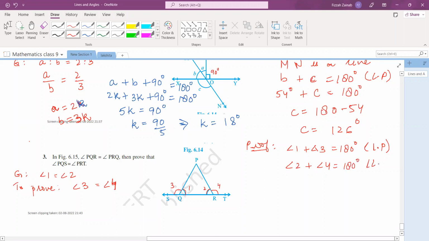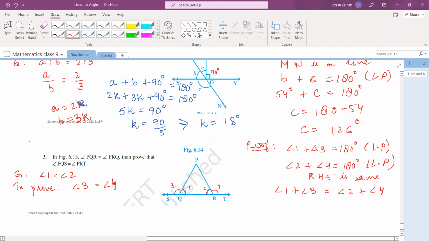Same linear pair. Now you add the two equations. Or we can say that the RHS is same, like both are equal to 180. That means their left hand side is also same. So angle 1 plus angle 3 is equal to angle 2 plus angle 4.